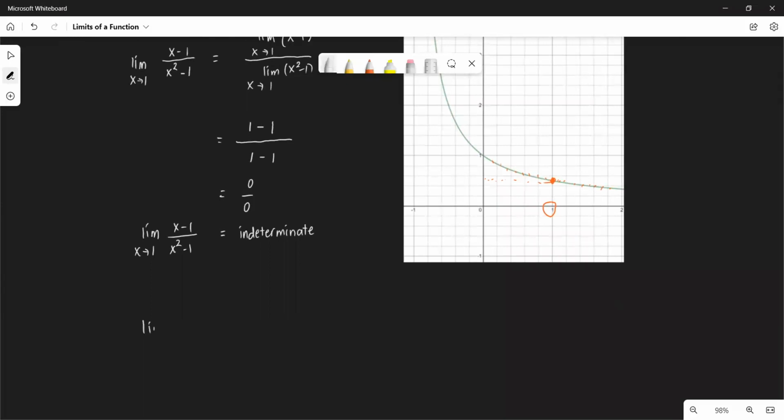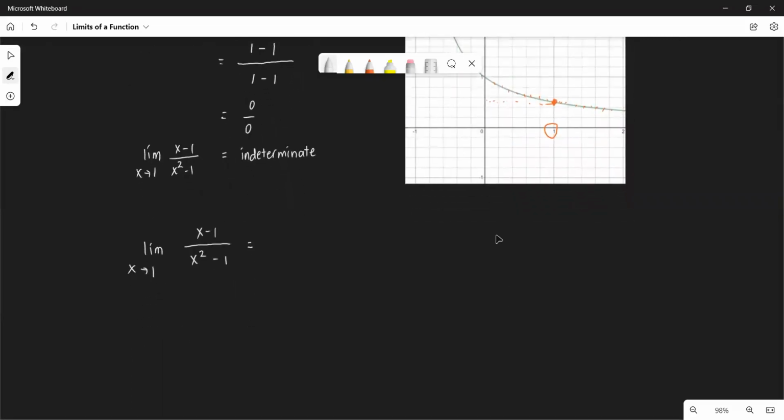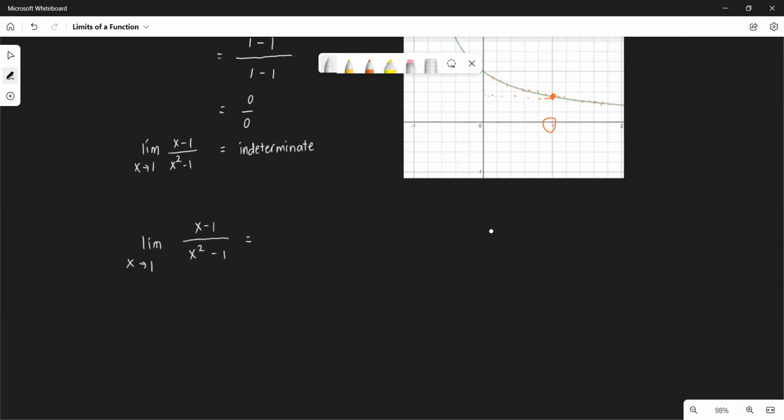By factoring, x minus 1 is, of course, no longer factorable, so just write it as it is. And then for x squared minus 1, let me rewrite the given here and do the factoring on the right side. If you are not yet applying the properties of limits, make sure that you write the limit notation.